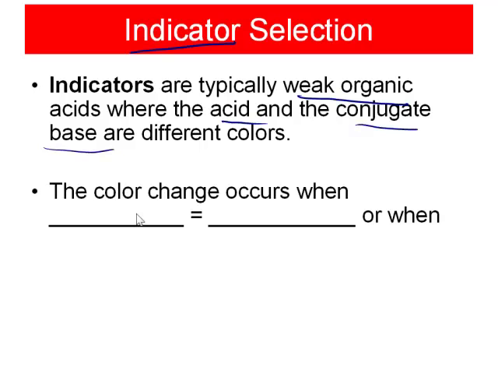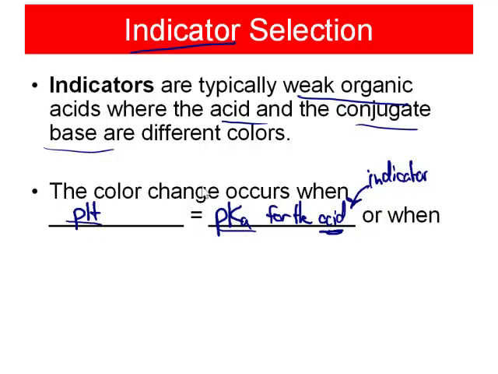An indicator changes color where the pH of the solution is equal to the pKa for the acid. And when I say the acid, here we're talking about the indicator, because indicators, guys, are themselves weak acids that we add in low concentration. Where the pH is equal to the pKa, that's the halfway point.